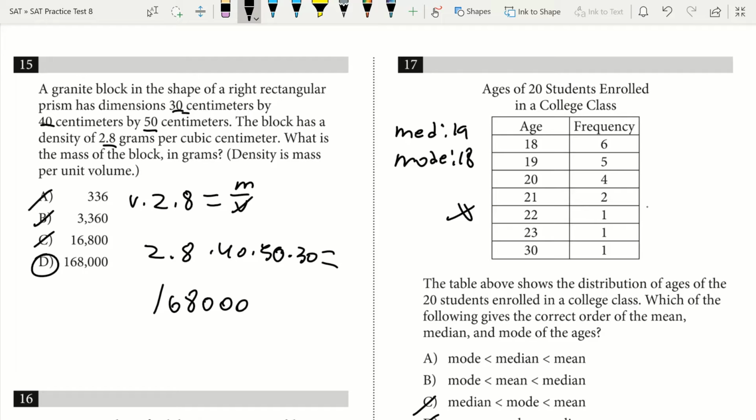All right, and then that's all going to be over 6 plus 5 is 11, 11 plus 4 is 15, 15 plus 2 is 17, and 17 plus 1 is 18, plus 1, 19, plus 1, 20. So I divide that number by 20 to get my mean, and I see my mean is 20.